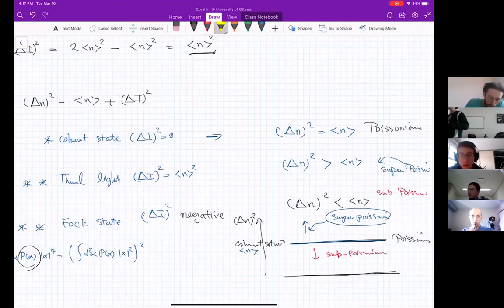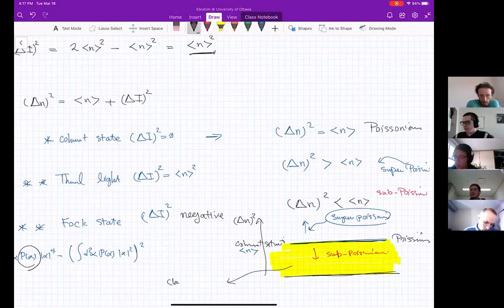One region is truly quantum mechanical, and you cannot have any classical probability distribution describing this. It is forbidden, because P(alpha) is negative.